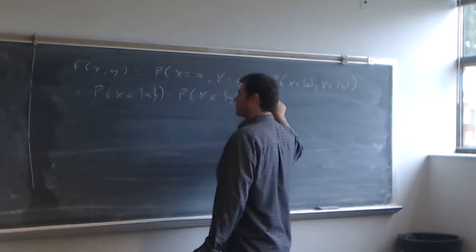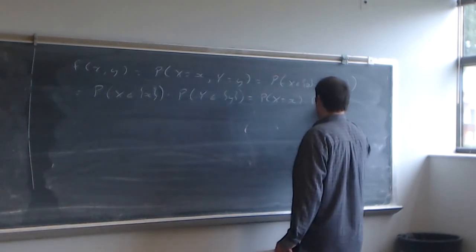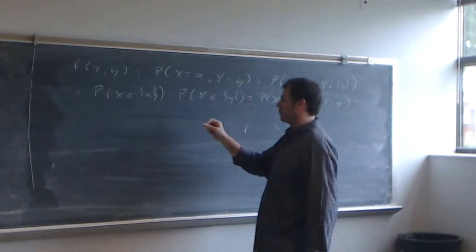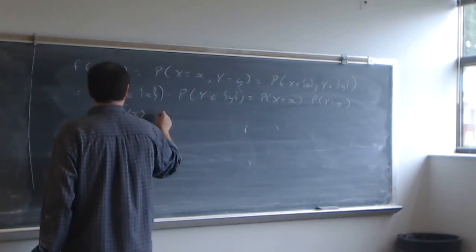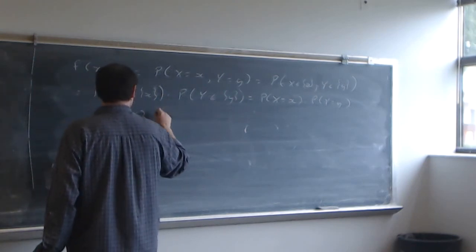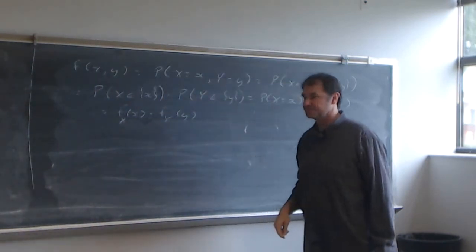And that's the same thing as the probability that X equals x times the probability that Y equals y, and that's nothing more than f sub X of x times f sub Y of y. So that's what we wanted to prove.